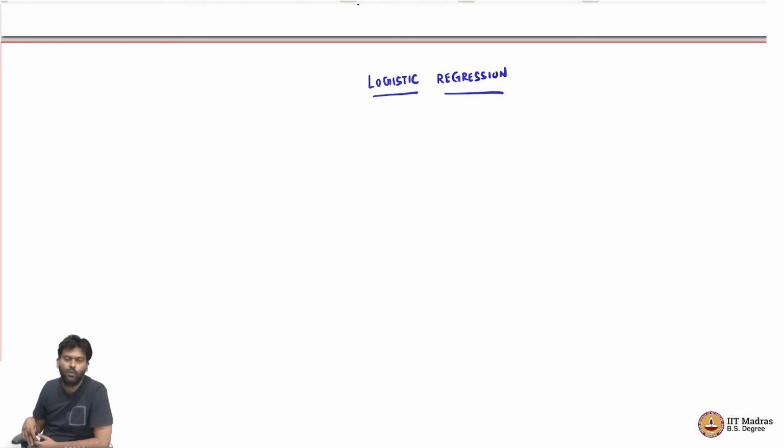We were trying to maximize a likelihood, where we assumed that P of y given x is a logistic function on W transpose x. We were maximizing the likelihood function over W, with a product from i equals 1 to n, because the labels were assumed to be IID.